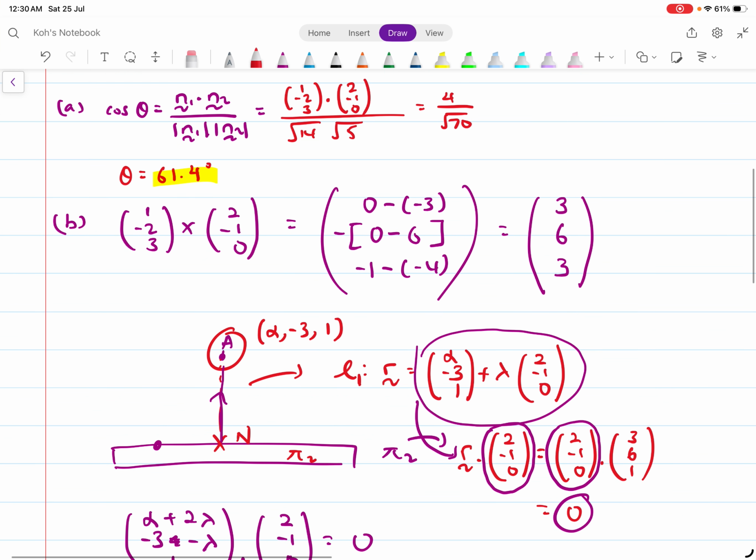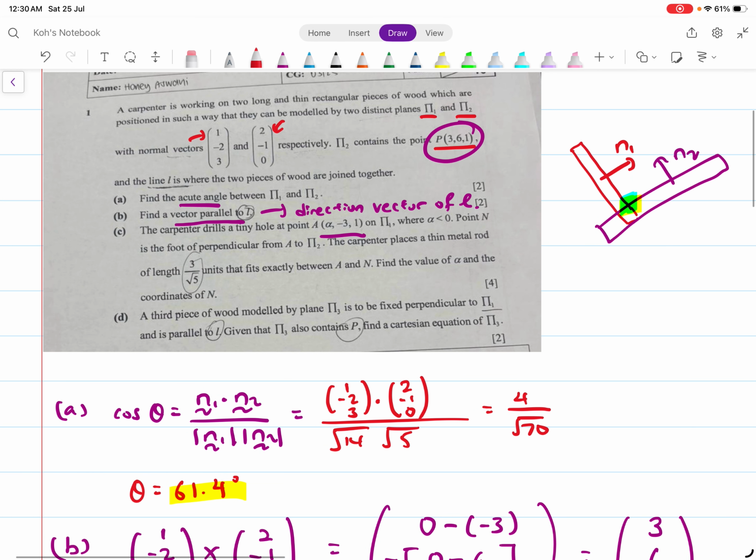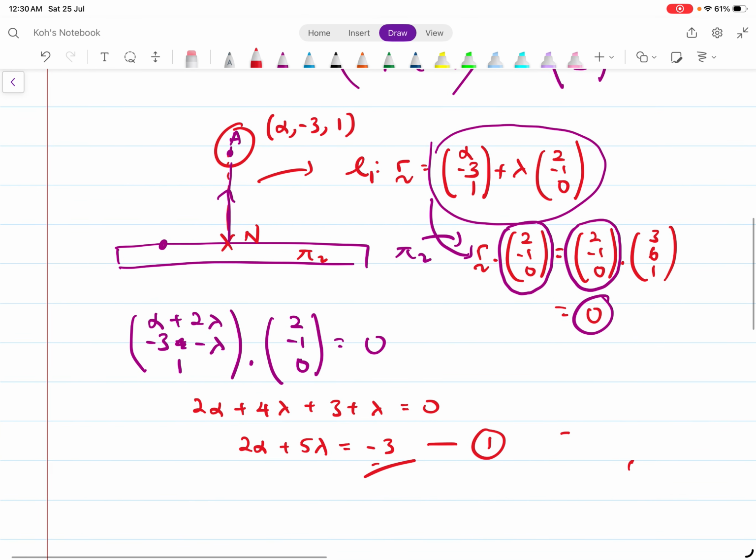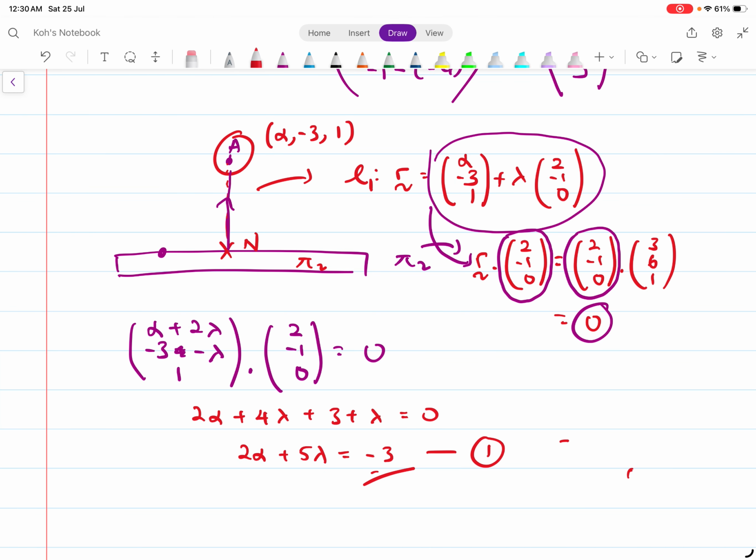To get another equation, I will need the idea of this 3 over root 5. From here to here is 3 over root 5. You can actually see a triangle here. For example, I call this point P, and I just draw a line here. This part is the length of projection.